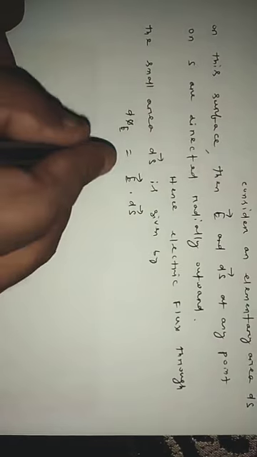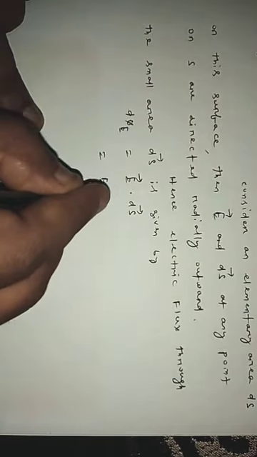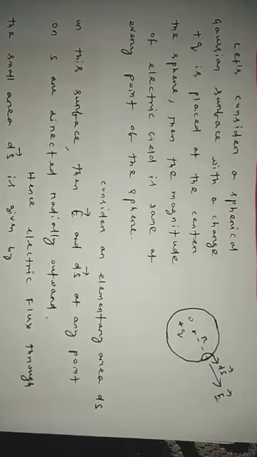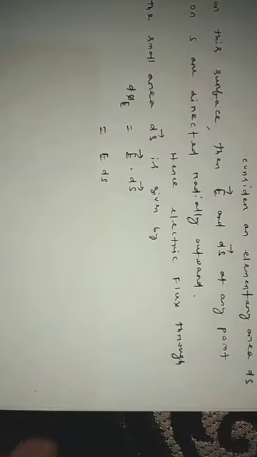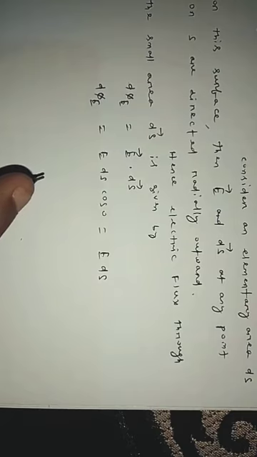Since E and ds are parallel to each other, E dot ds equals E ds cos 0, that is, the angle between them is 0. E ds cos 0 equals E into ds.